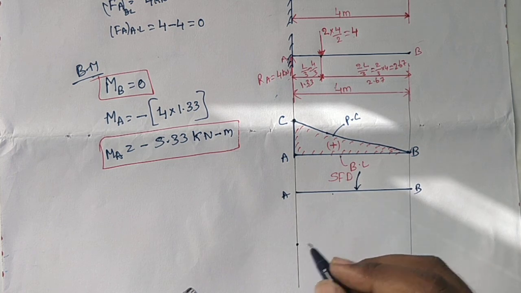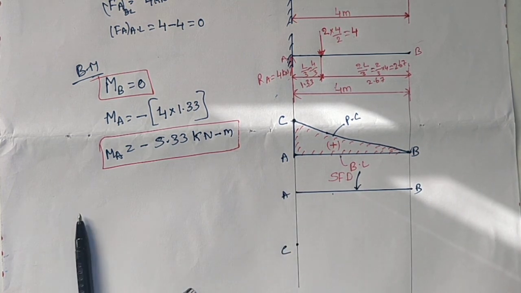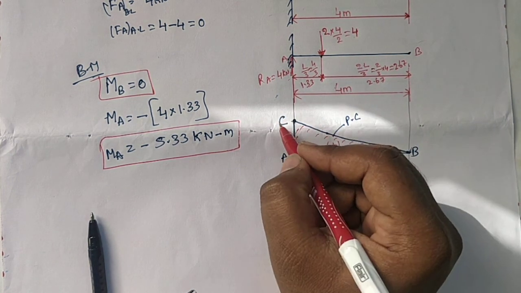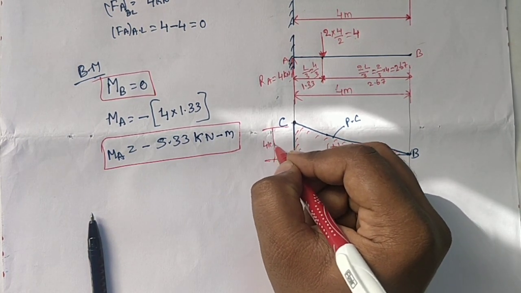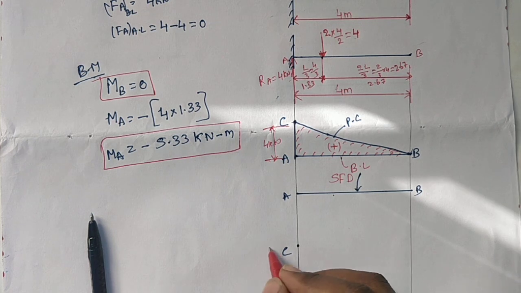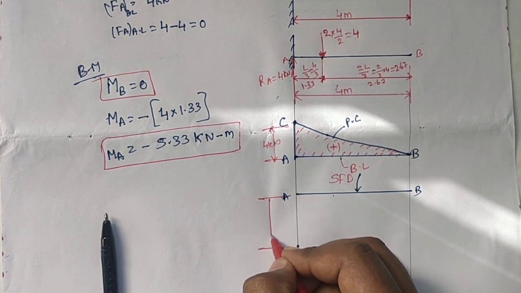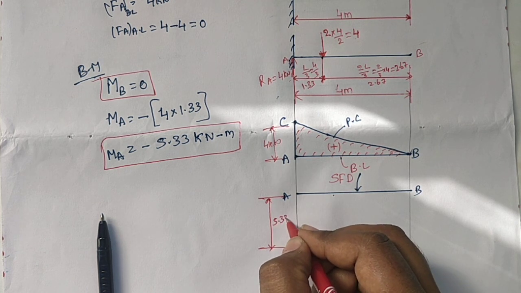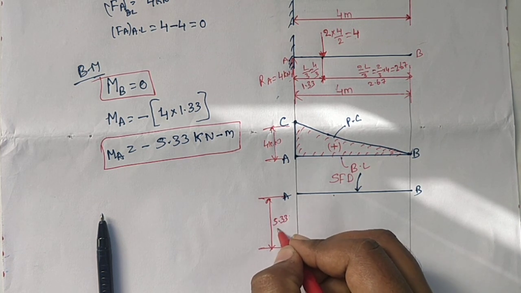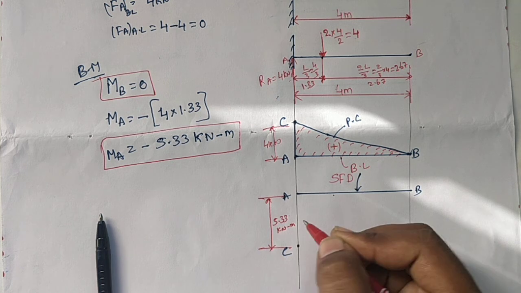It is the maximum value. Here the shear force value is 4 kilonewton; similarly, the bending moment value is 5.33 kilonewton meter.